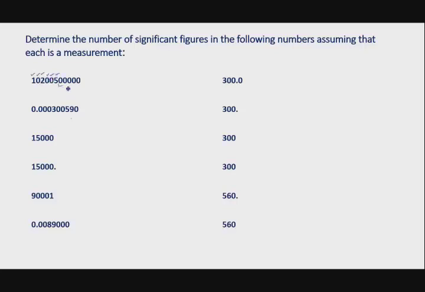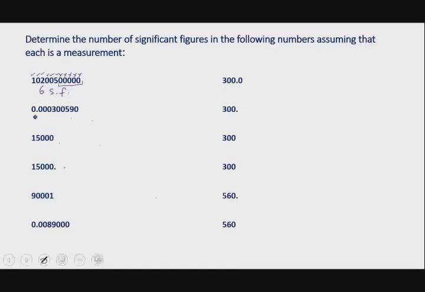Trailing zeros are significant figures only if there is a decimal point somewhere in the number or an overbar above a trailing zero. In this case, neither exists, so none of these trailing zeros will be counted as significant figures. So now if you add up the total number of significant figures, we have 6 significant figures.